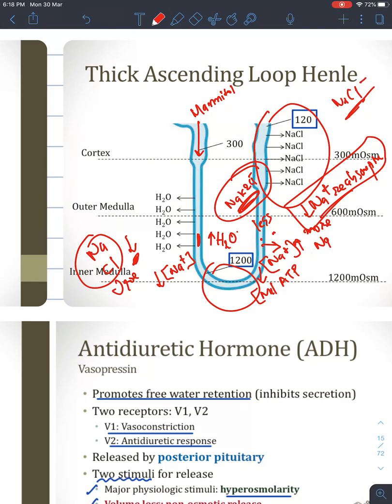So the amplifying effect would be: we are reabsorbing less water, then we are reabsorbing less sodium, so we have less sodium for the osmotic medullary gradient, then again we are absorbing less water.